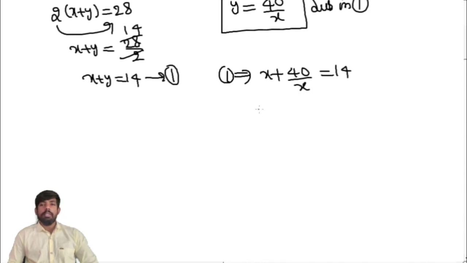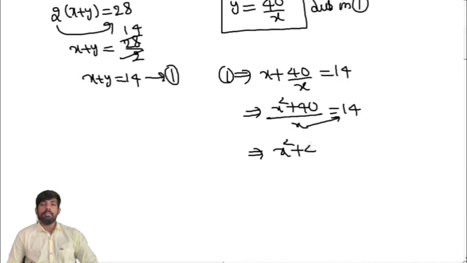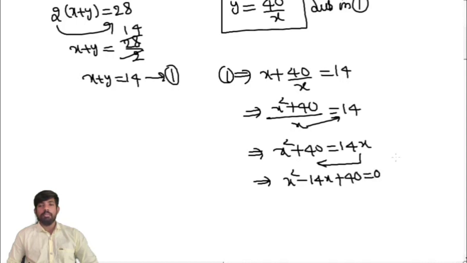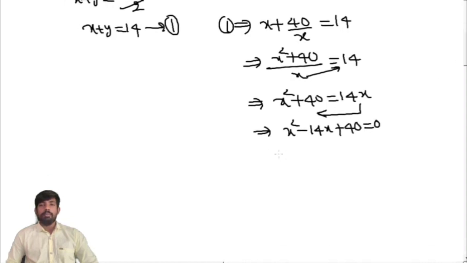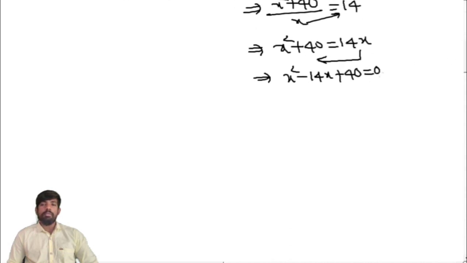From here do LCM: x square plus 40 is equal to 14x. Bring this term to the left hand side: x square minus 14x plus 40 equals 0. Now we need to do factorization.